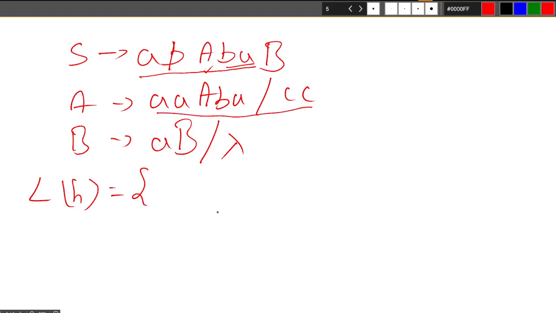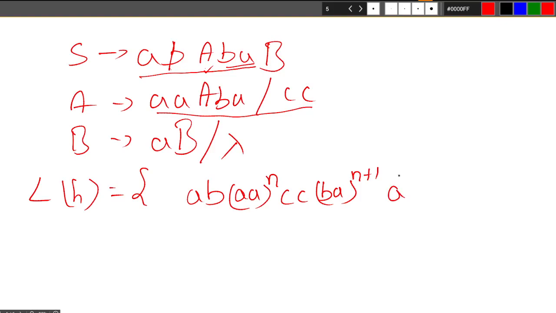Sir, let me write AB, A to the power N, then CC, and then BA to the power N plus 1, A to the power N, where N is greater than or equal to 0. Oh, no. Sorry.